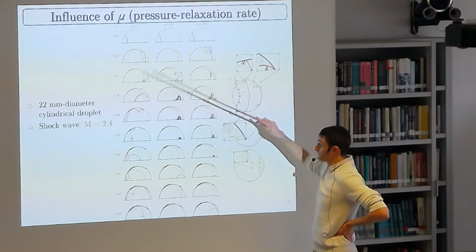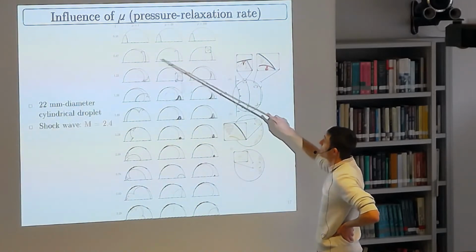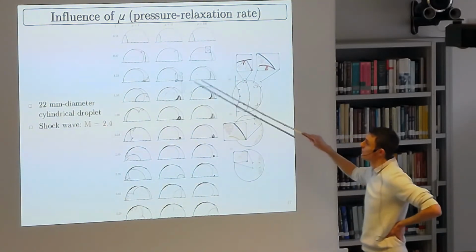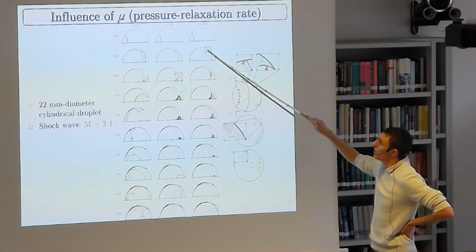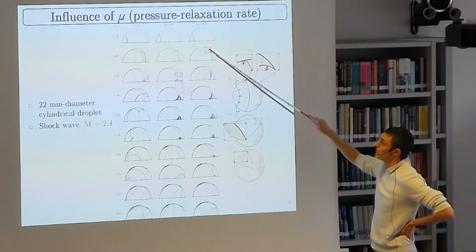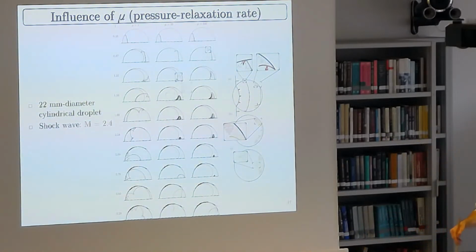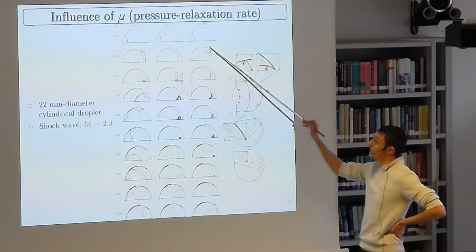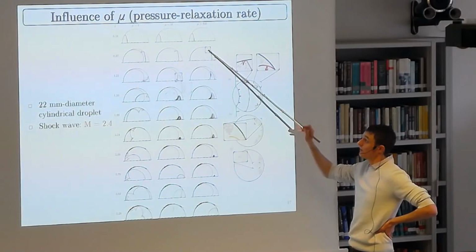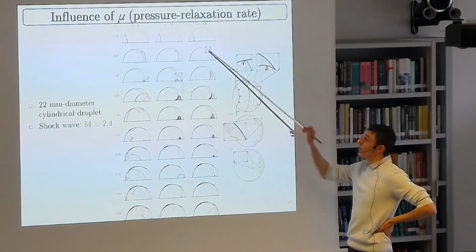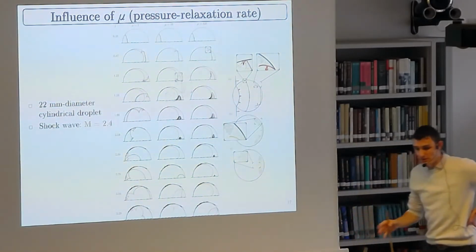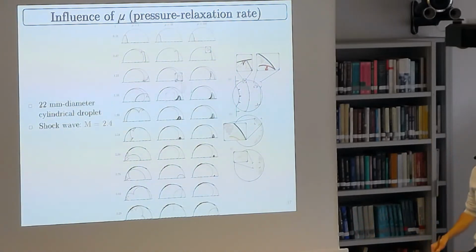So the wave continues. Between the three, we don't see much difference, although here we start to see some perturbation. Actually, this is because this one is some kind of infinite relaxation. As the tension wave travels, there is some bubble, because in the droplet, I didn't mention, we put some volume fraction of gas, which is about 10 to the minus 6.